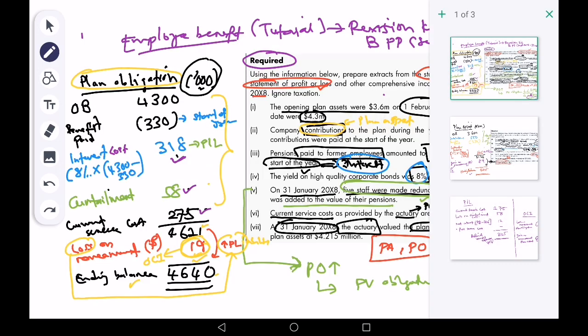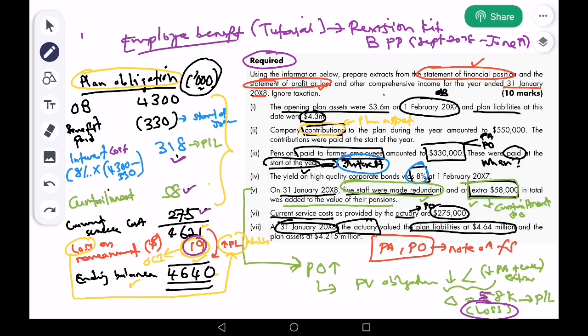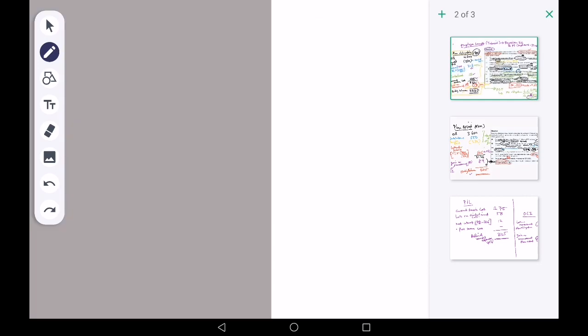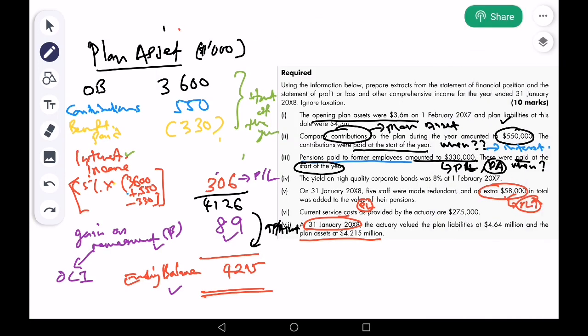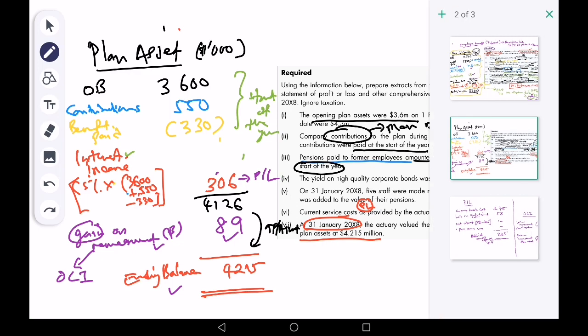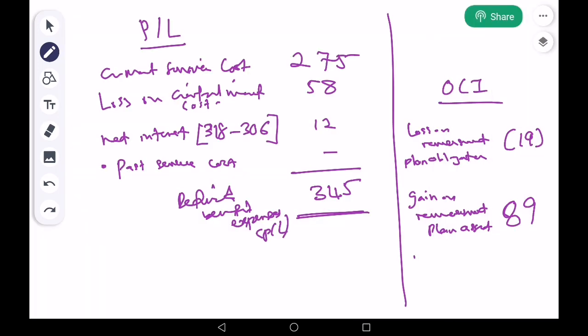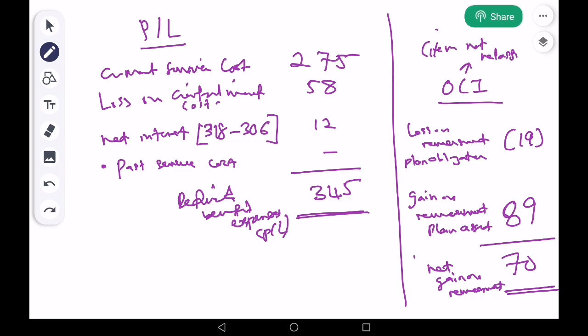From the first video, 19 loss from the obligation. On my second page, 89 gain for plan asset. So overall you will get a net gain on remeasurement amounting to 70. Remember, this is under OCI, items not reclassified.